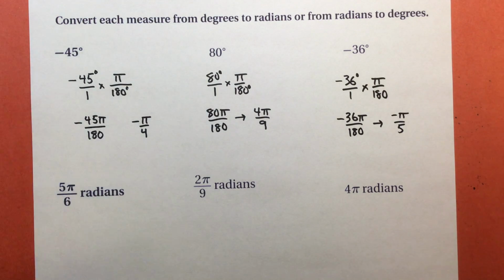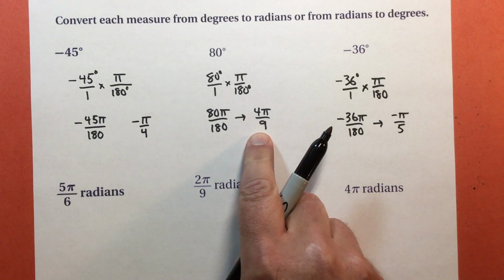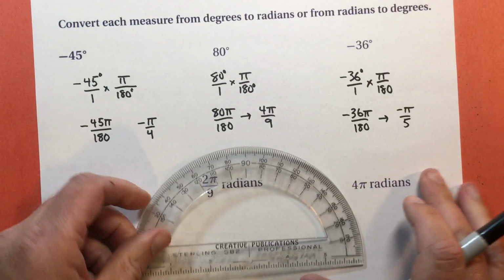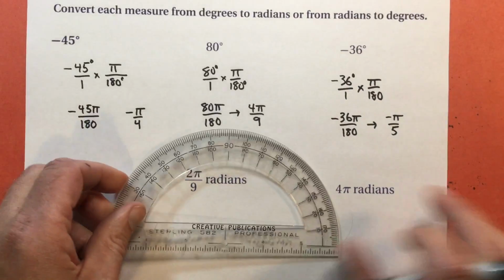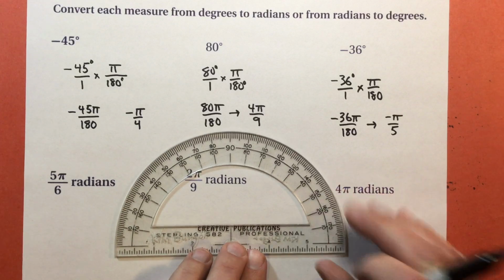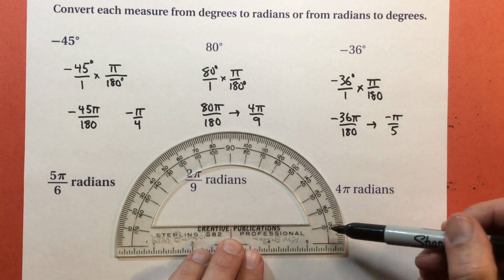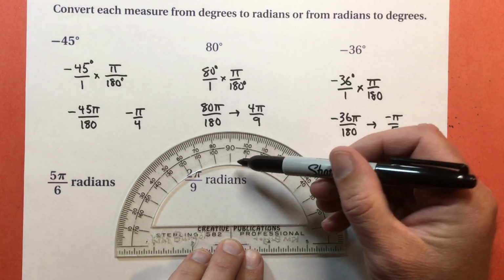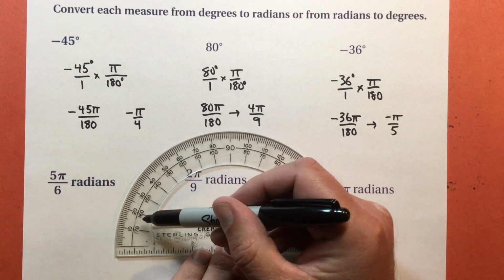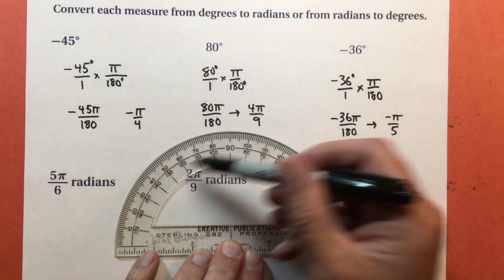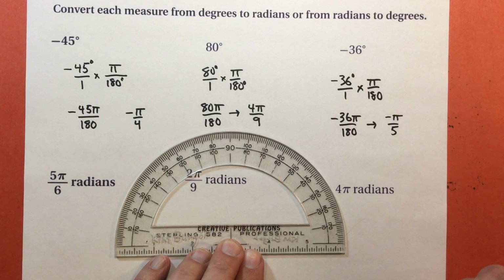Some of these may not necessarily be that obvious. I want to point out this one right here. Maybe you see this even though I'm writing on the printed stuff. I've got 1, 2, 3, 4, 5, 6, 7, 8, 9, 10, 11, 12, 13, 14, 15, 16, 17, 18 sets of 10 degrees.